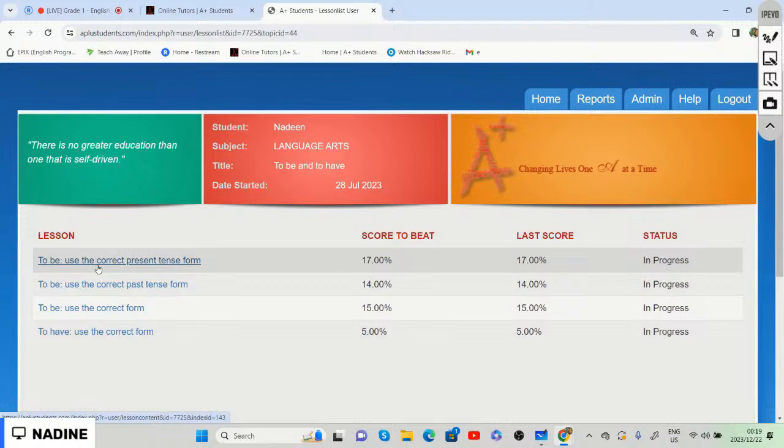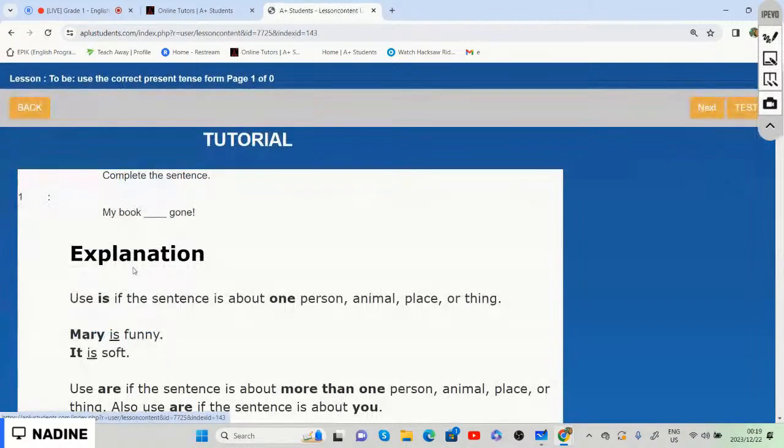We're going to the first lesson, that is to be, where we're going to use the correct present tense form. And remember we said that when we use the present tense form, we use is, we use are, and we use am. But we are going to explain once again how and when we use is, are, and am.